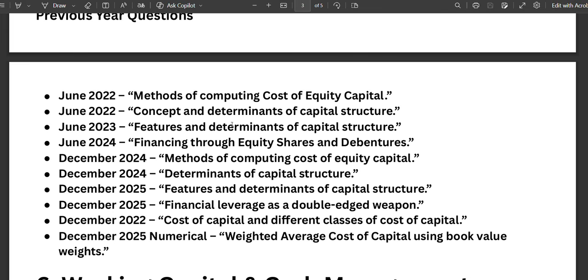Also equity shares and debentures and methods of computing cost. Equity capital is very important, and how to compute cost is very important. Capital structure is important, so do not leave this topic. I'm sure that at least one question would be asked from this area, because it has been asked every year in every exam.